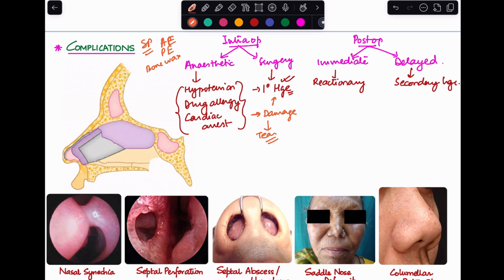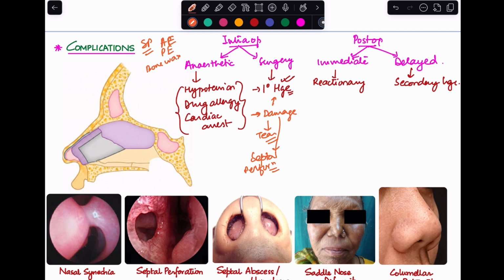But in case you got really unlucky and the flaps got damaged on both sides at exactly the same identical points, in that case, that will lead to a delayed complication, which is a septal perforation. So that is something that you should be very careful about when you are performing elevation of the mucoperichondrial flap.